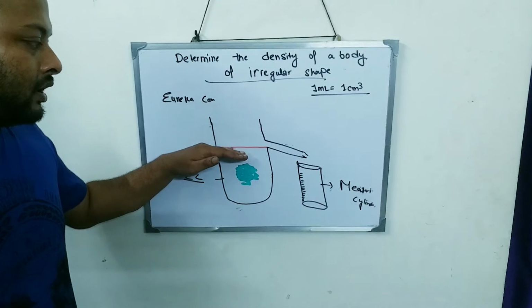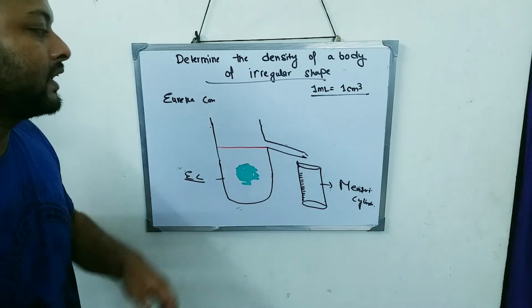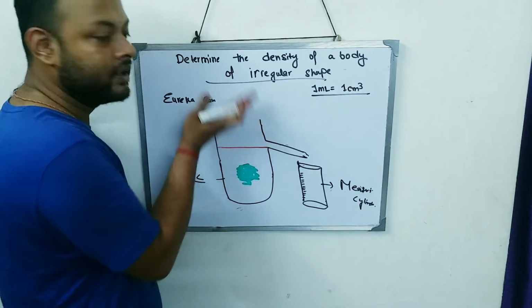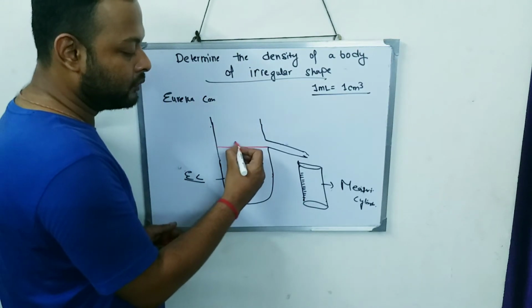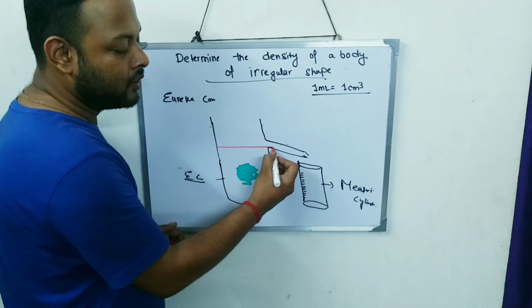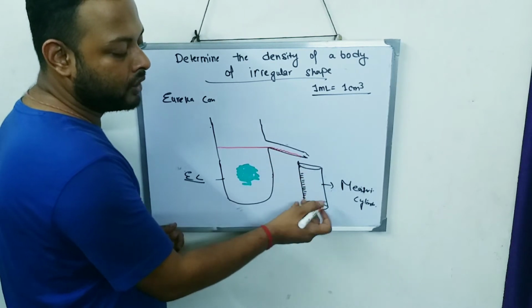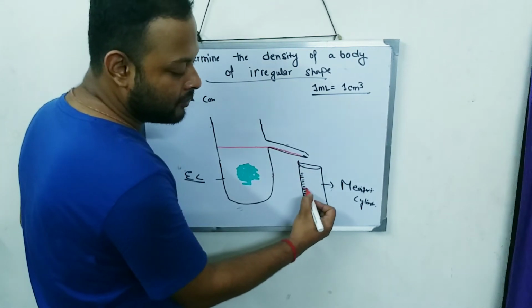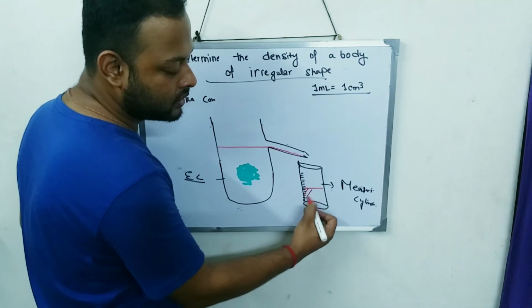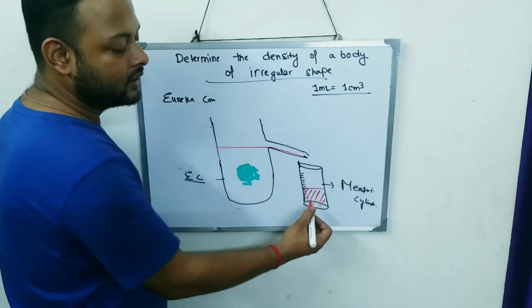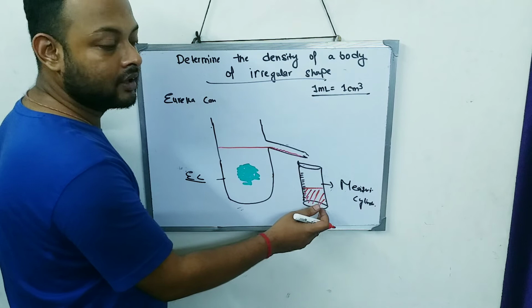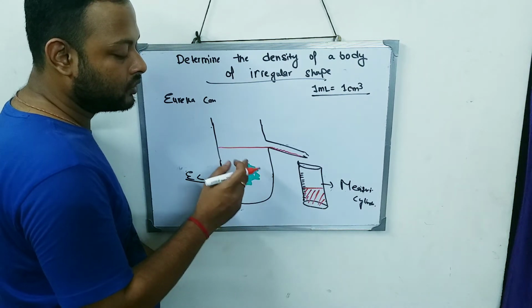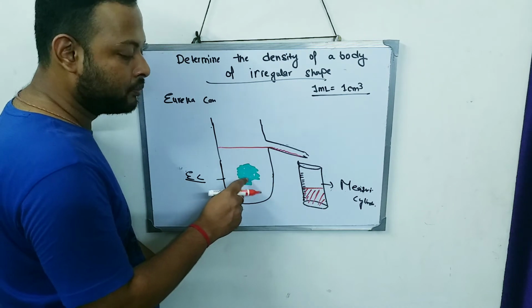Some level of water will rise, and the water that rises will come out through the spout and pour into the measuring cylinder. This amount of water in the measuring cylinder is there because I have dropped this body.